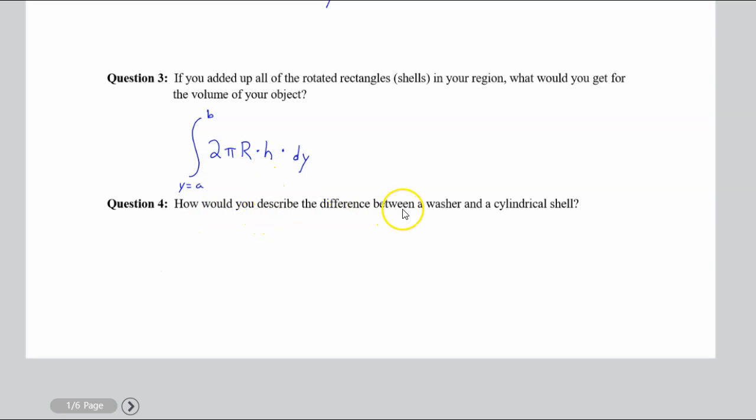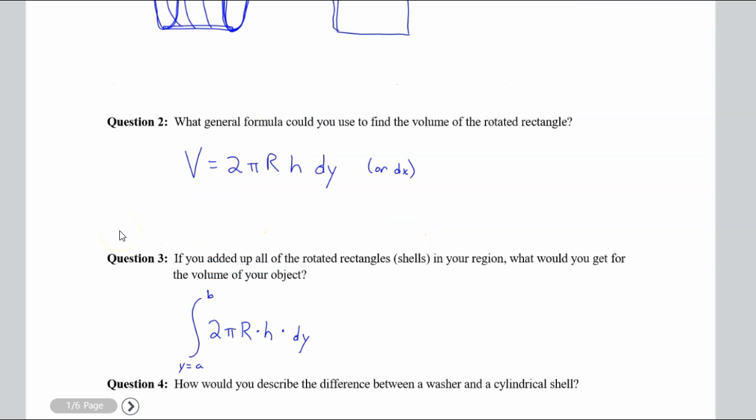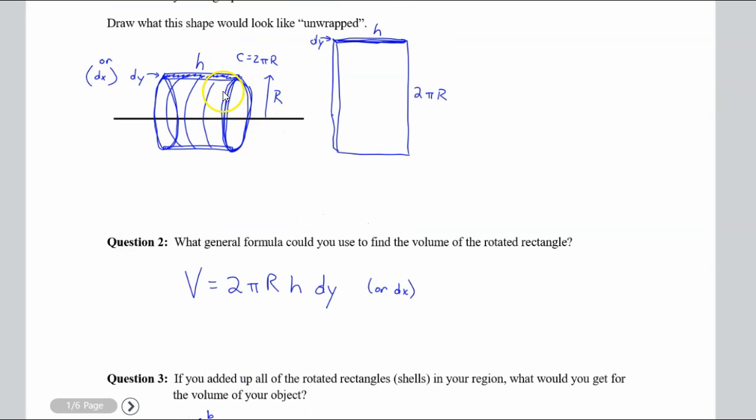And then how would you describe the difference between a washer and a cylindrical shell? There's various things you could put there. One thing for sure, washers are flat. Shells are not, typically. They do both resemble a cylinder, but a shell is just that thin outside edge of the cylinder, where you don't really have anything inside the cylinder.